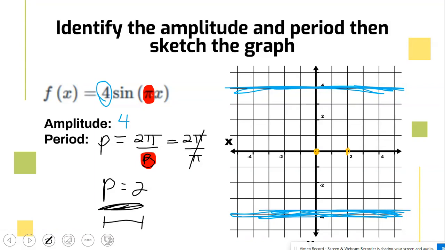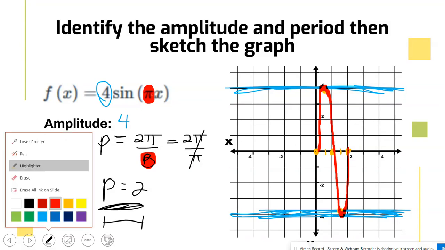We have to finish our graph from 0 to 2, which means we're going to have a middle point, and our maximum value is going to be in the middle of that. So it's going to go all the way up to 4 in the middle, between 0 and 1, and then again in the middle between 1 and 2, like this. And so our graph looks like this.